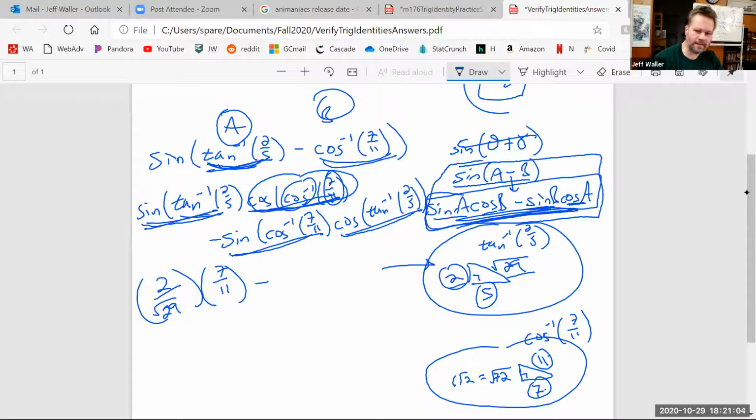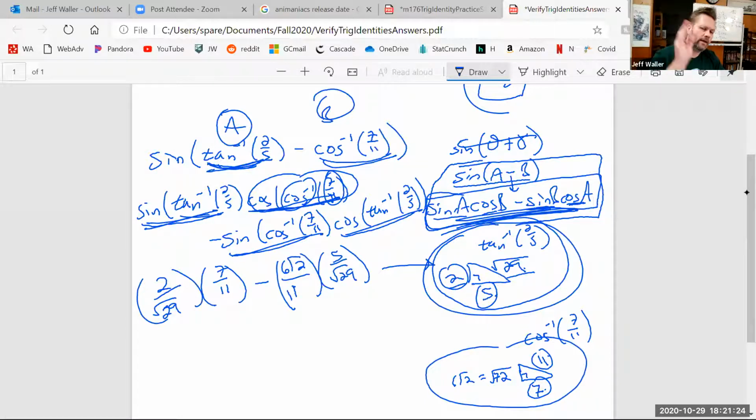Minus the sine, which will be 6 rad 2 over 11, and then times the cosine of this one, which is going to be 5 over rad 29. I don't even care about the rest.